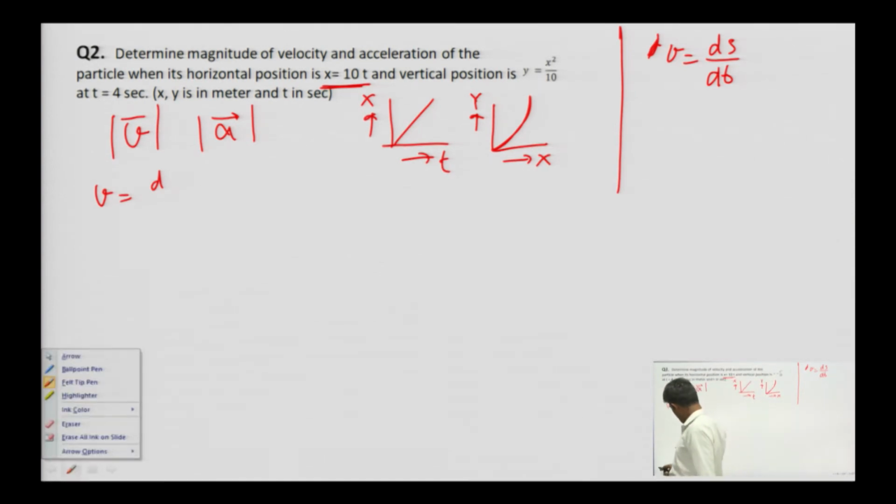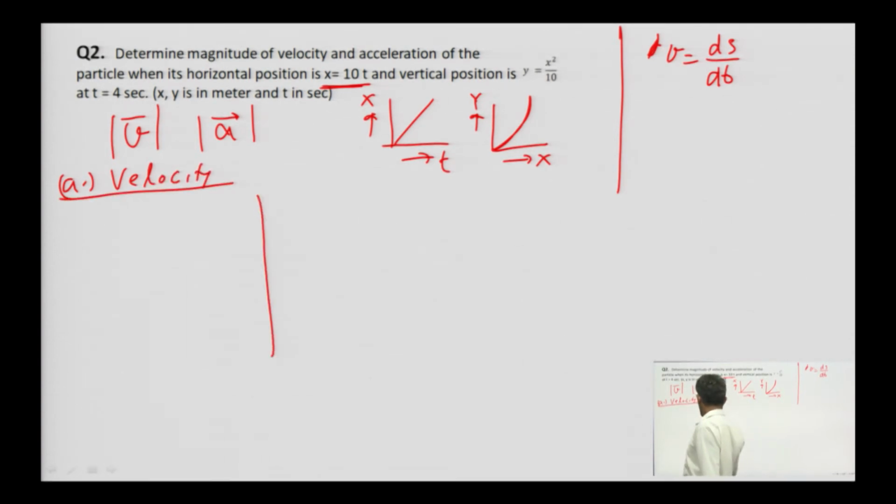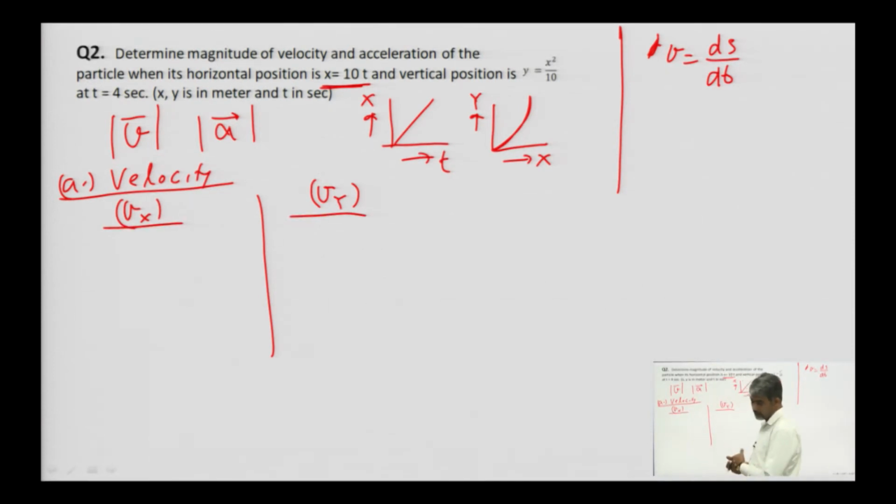In case of curvilinear motion, we will do it separately for x and separately for y. So, first we are solving for the velocity components: it is for vx, it is for vy. We will do it separately, okay.